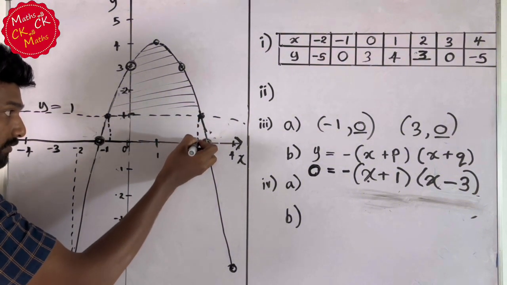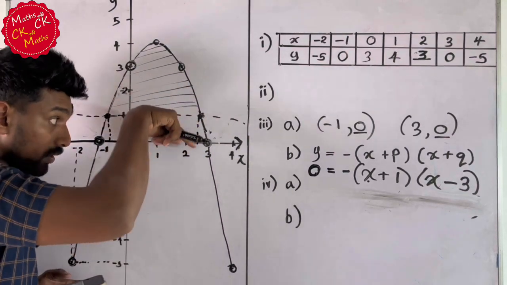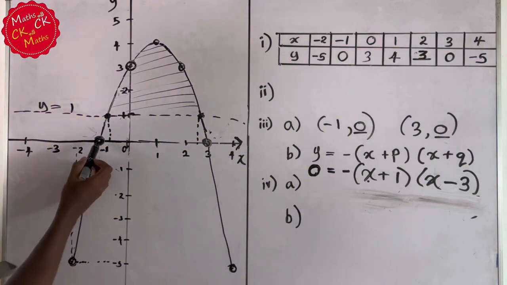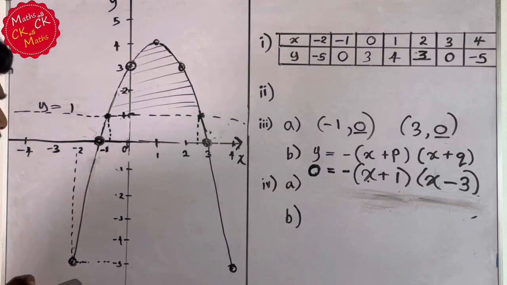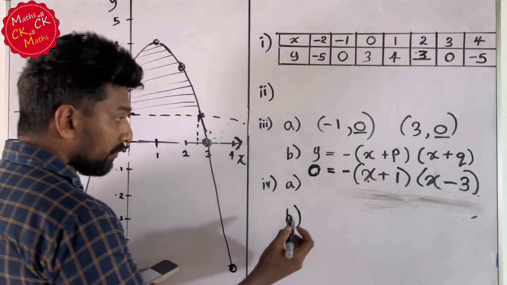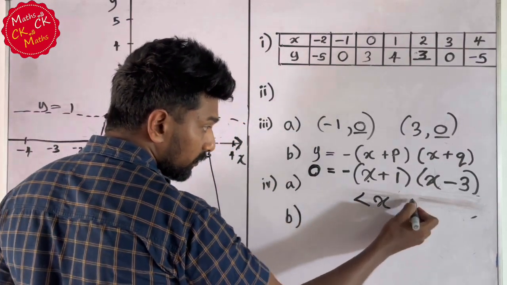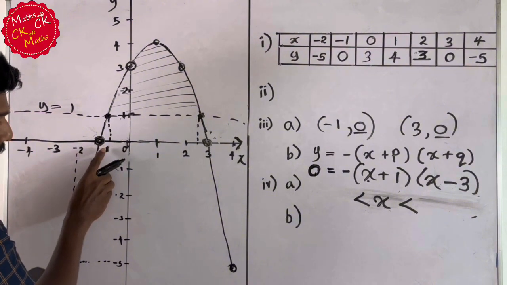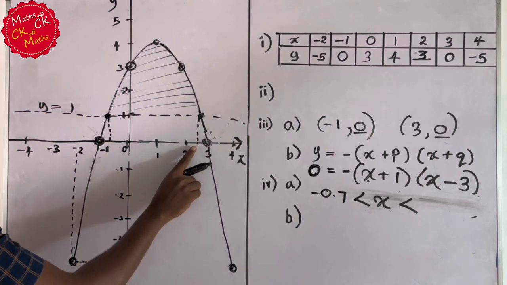From this point and this point you need to come down to the x-axis, and identify that it is somewhat close to -1, so you can say -0.7 and 2.7. Then you can write the range of x: x is in the middle, the minimum value is -0.7 and the maximum value is 2.7.